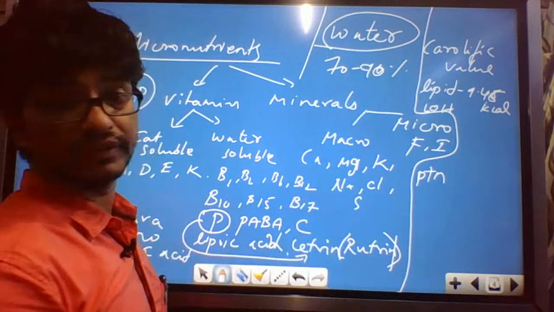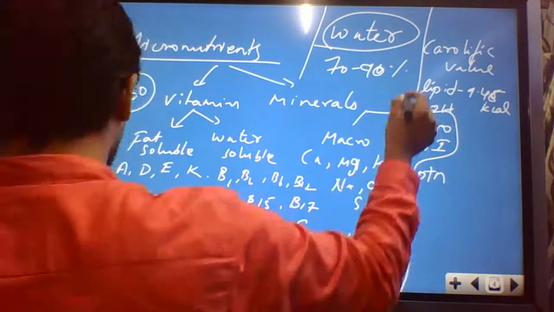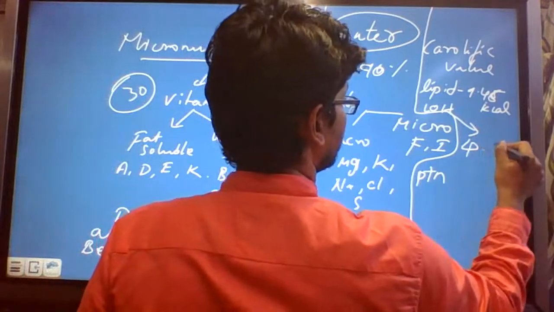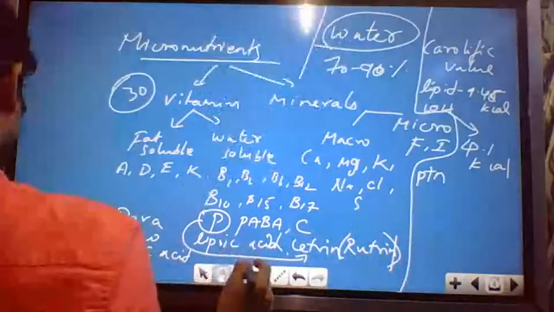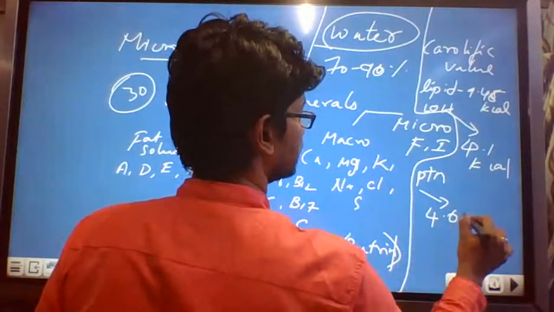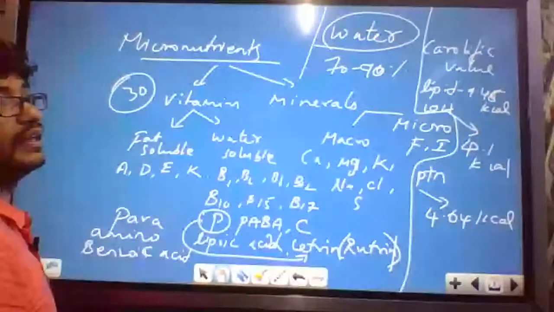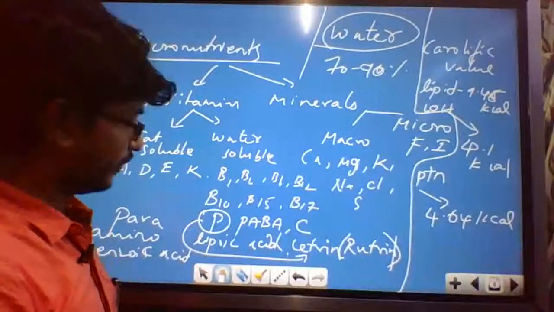The calorific value for lipid is 9.45 kilocalories. Carbohydrates is 4.1 kilocalories. Protein is 4.64 kilocalories. So for your understanding, you should identify the calorific values.